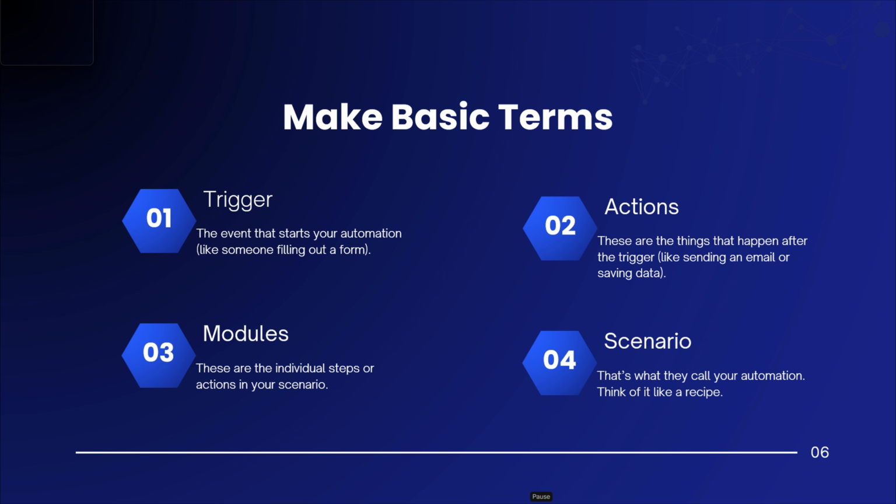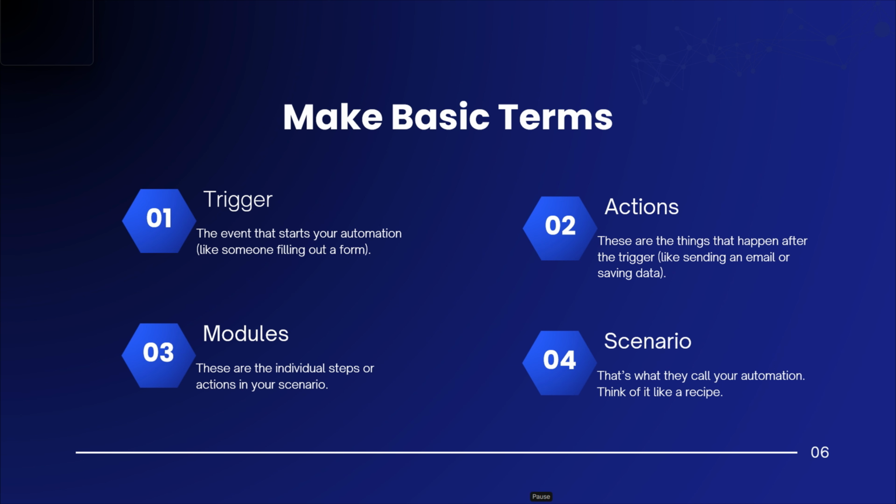So every single step in the process of automation is known as a module. When we get in, you will understand these things better as I show them to you and describe them to you. It will make more sense. And finally, you have what is called your scenario. Your scenario is your actual automation from start to finish, from the very first step to the last step.